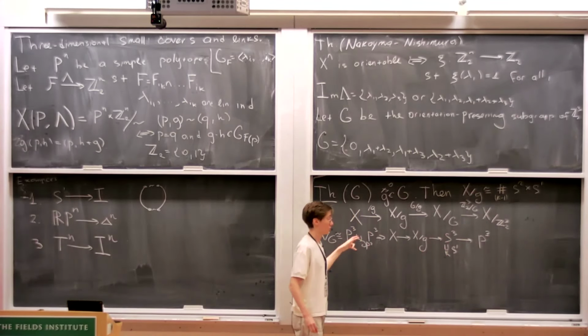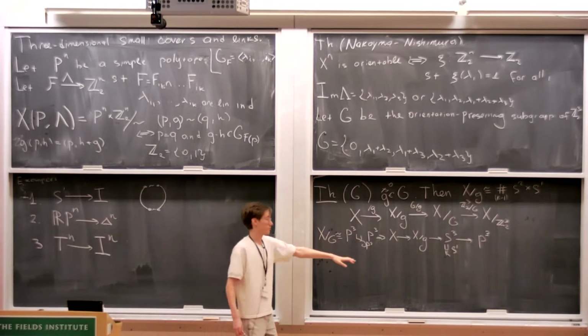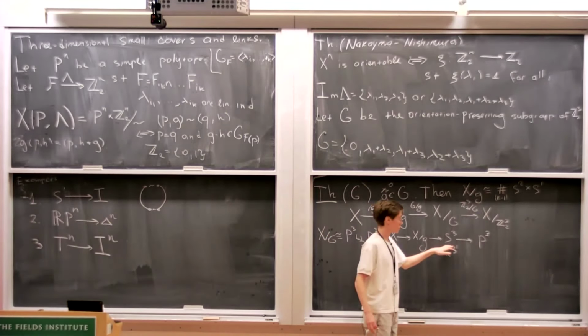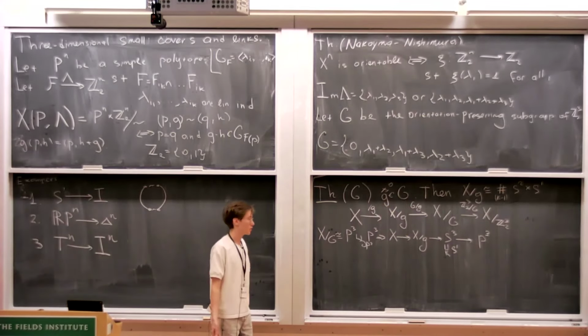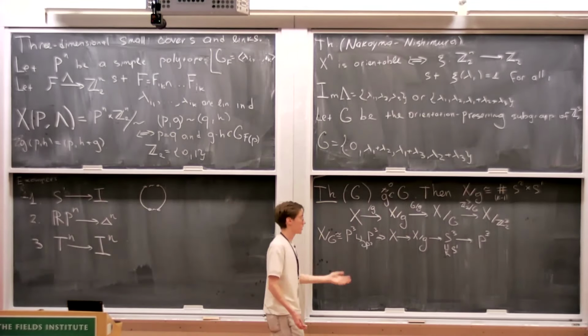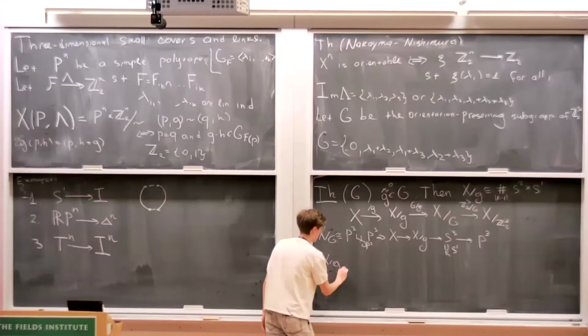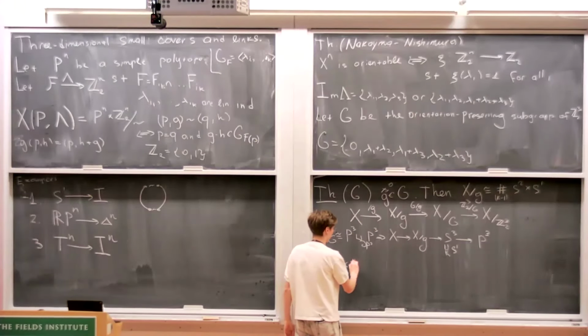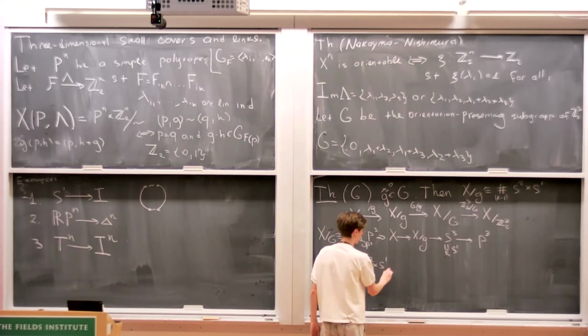And the boundary of a three-dimensional polytope is a two-dimensional sphere. So all these connected components belong to a two-dimensional sphere, and therefore they're all trivial knots. And from this we get that X_G is homeomorphic to the connected sum of k minus 1 copies of S2 times S1.